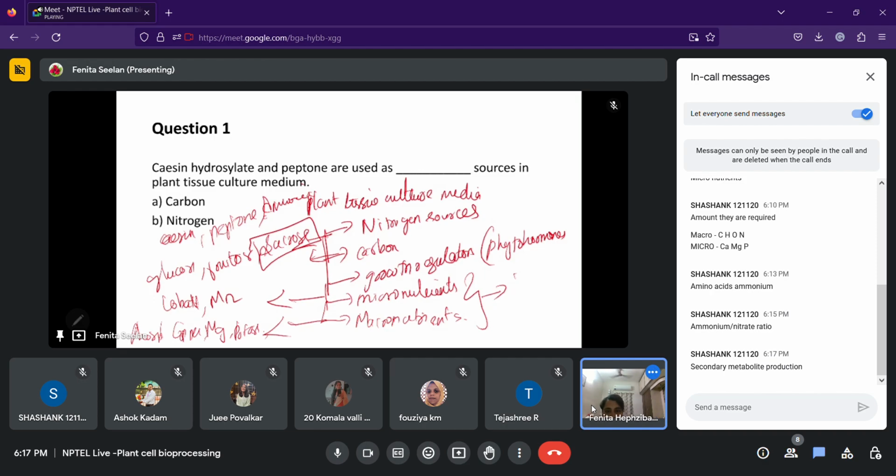Any idea? Shashank was giving the answer. He said that the secondary metabolite production will be impacted. Okay, Komalavalli is saying that if we increase the ammonium to nitrate ratio, secondary metabolite production will be high. Okay. Any other contradicting answers? No answers.